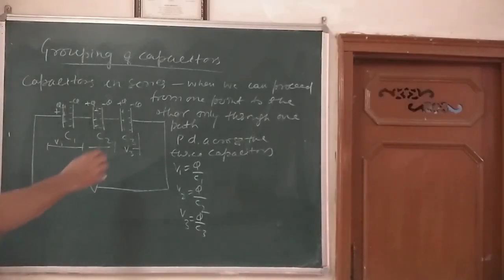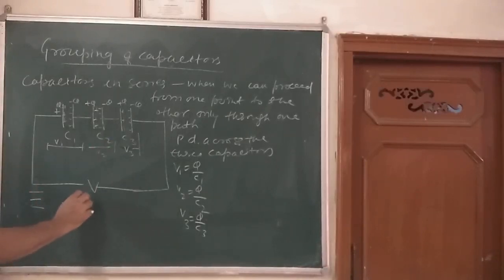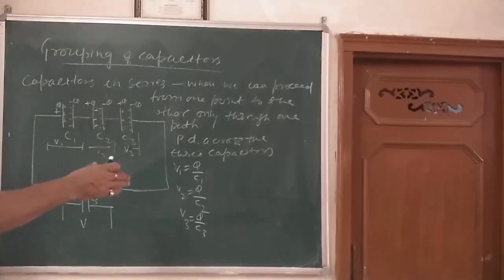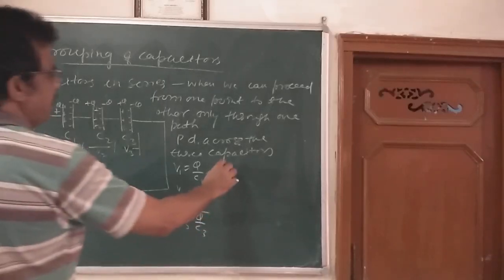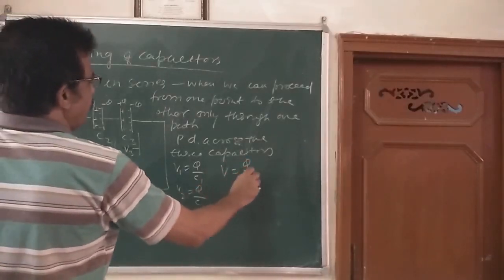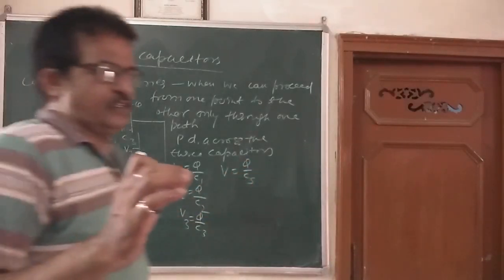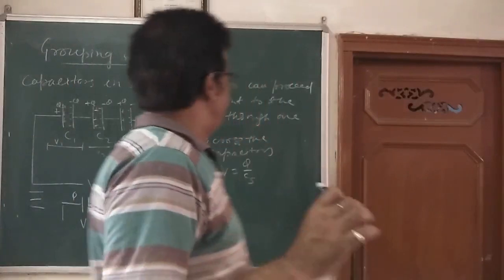Suppose the equivalent circuit of this combination is something like this, having capacitance Cs, charge Q, potential V. So the potential difference across it would be V is equal to Q by Cs, where Cs is the equivalent capacitance of this series combination.